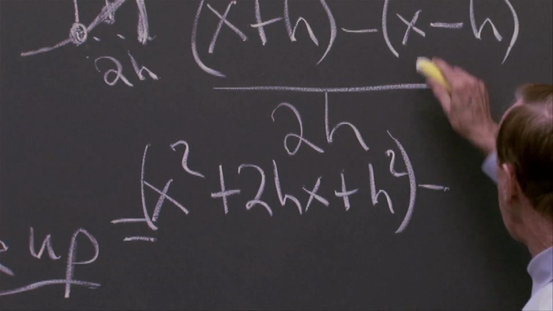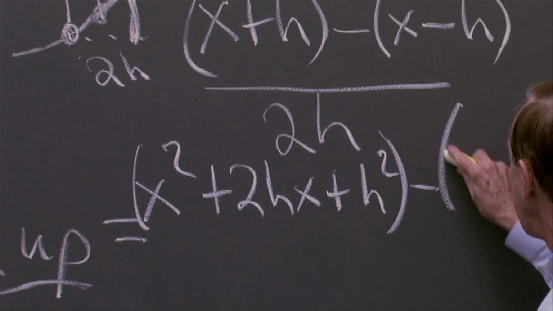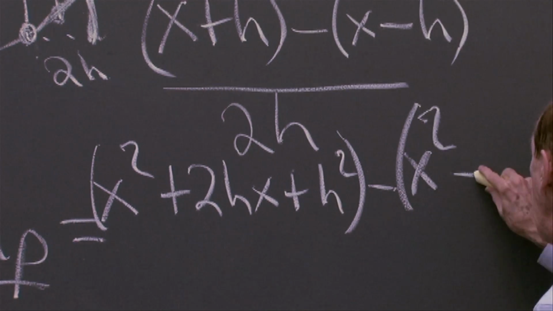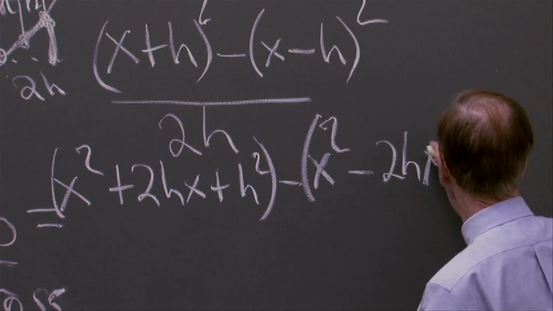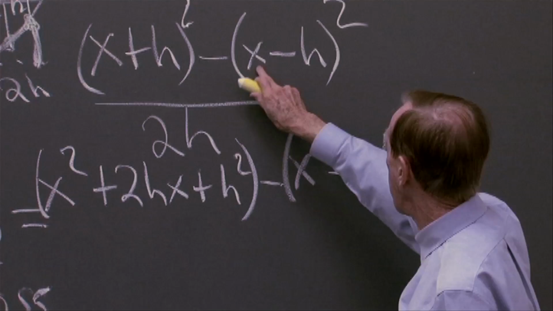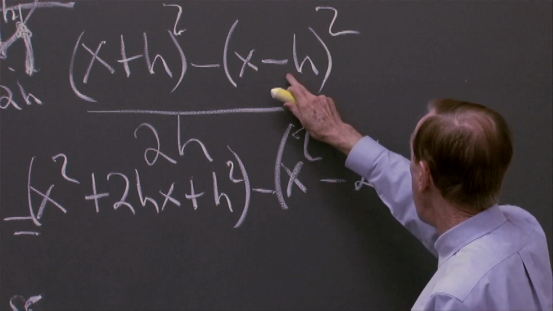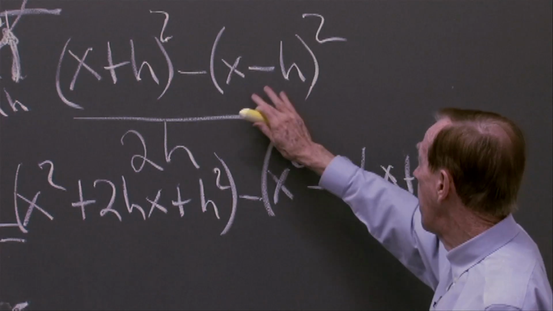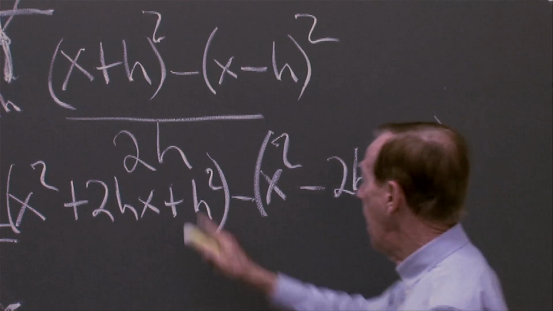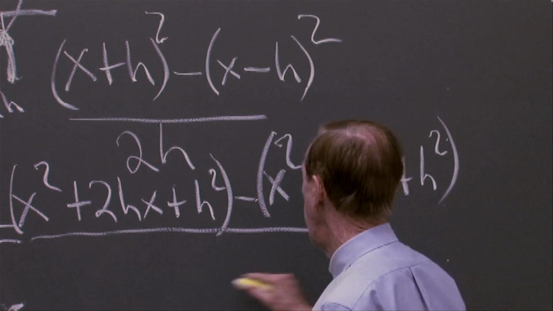And then I subtract x minus h squared. That's x squared minus 2hx plus h squared, right? The x squared cancels here, h squared minus h squared is zero, and then the cross term gives me that, and I'm dividing by 2h. What am I getting?